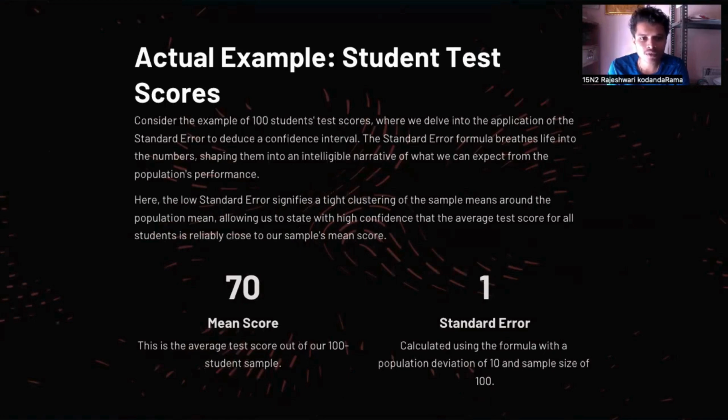Here the low standard error signifies a tight clustering of sample means around the population mean, allowing us to state with high confidence that the average test score for all students is reliably close to our sample mean score. The mean score is 70, the average test score of the 100-student sample. For the standard error, calculate using the formula with a population standard deviation of 10 and a sample size of 100.